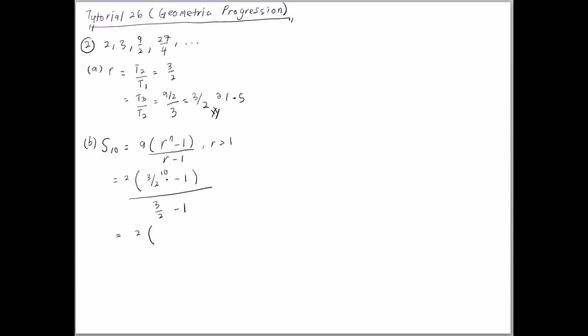Okay, to calculate 3 over 2 power 10, it's best if you put 3 over 2 in a bracket. 3 over 2 power 10 is 57.66503906, minus 1. You get 56.66503906.